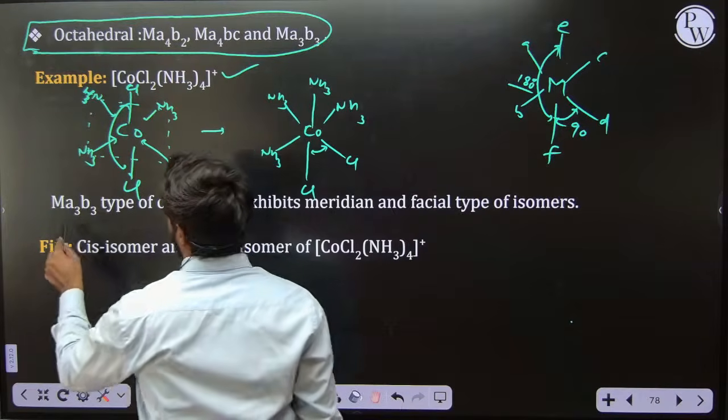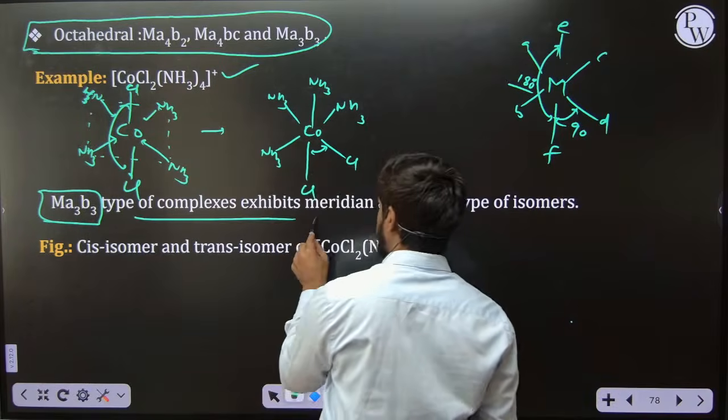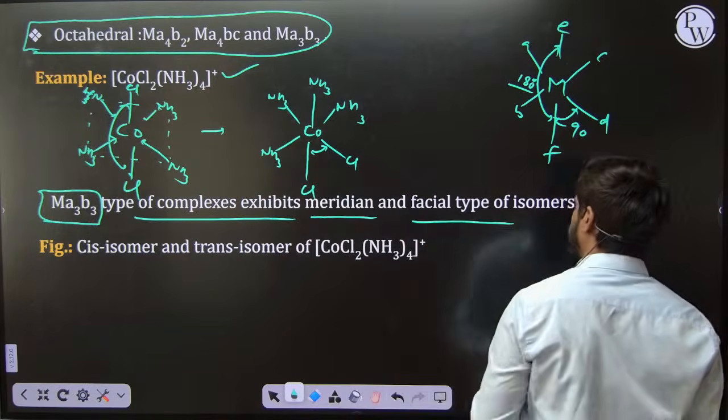Next, an MA3B3 type of complex exhibits meridional and facial isomers.